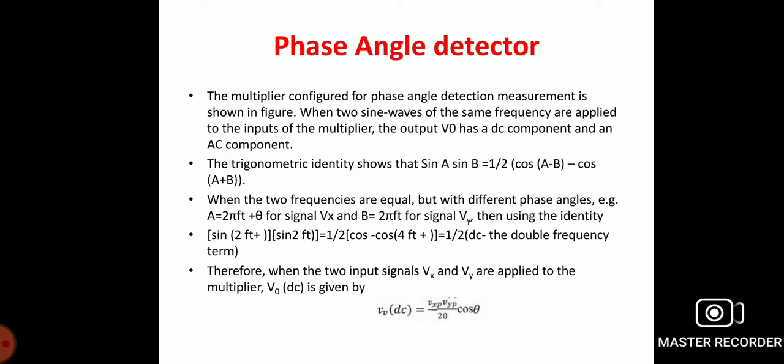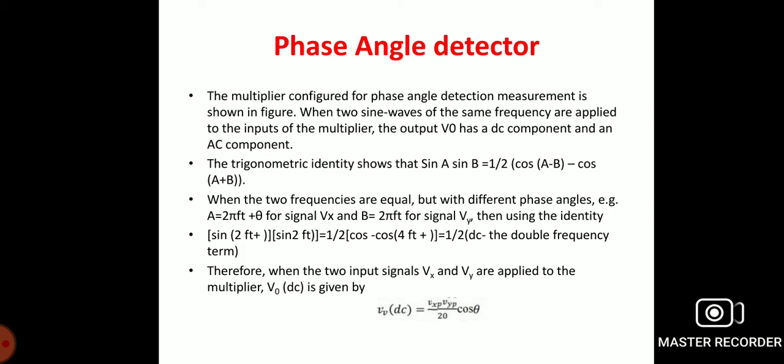Therefore, when the two input signals Vx and Vy are applied to the multiplier, the DC output is given by V of DC equal to Vx Vy divided by 20 times cos theta.